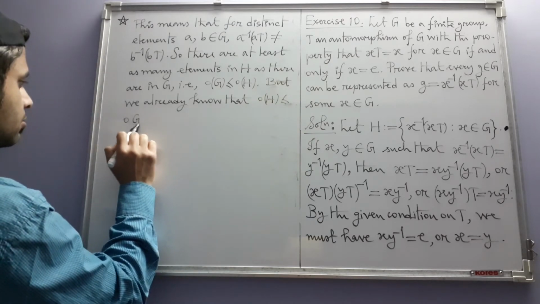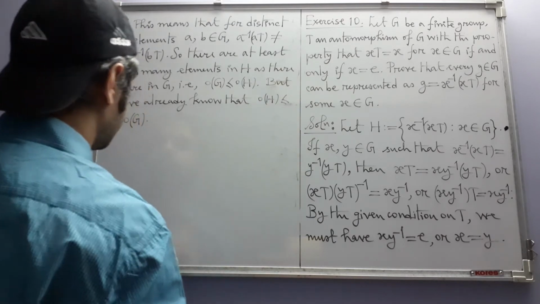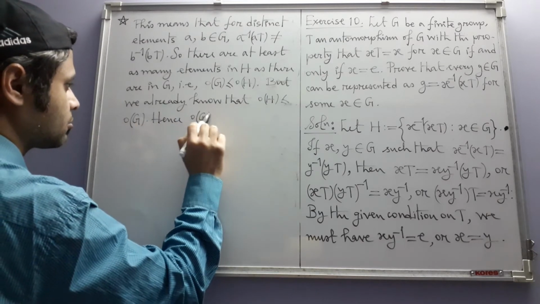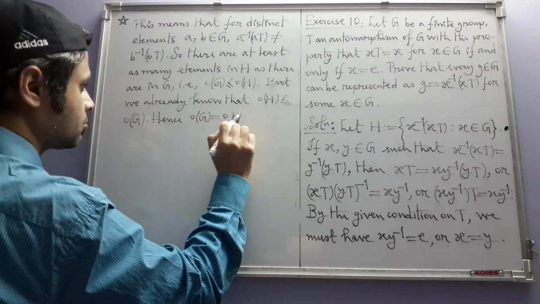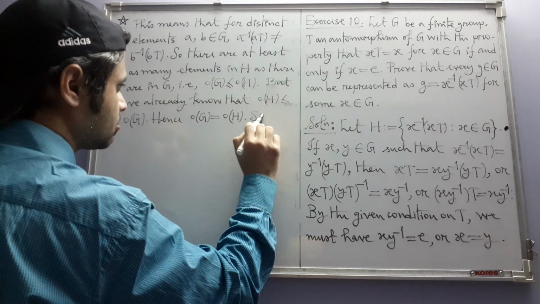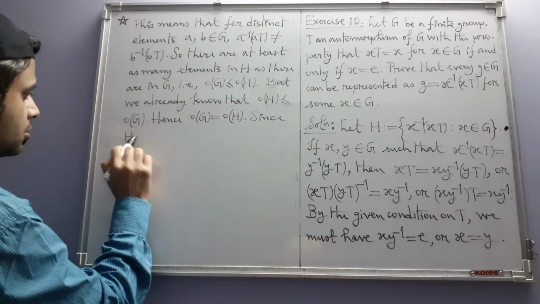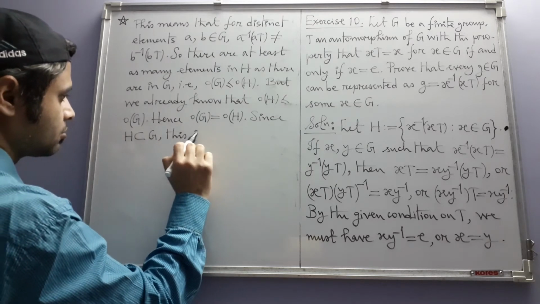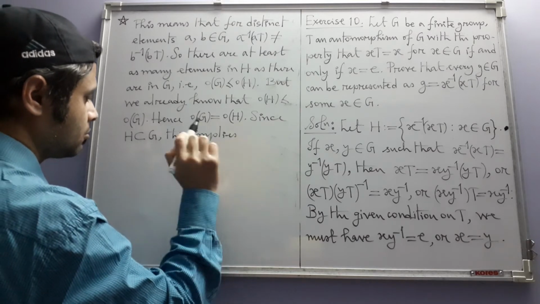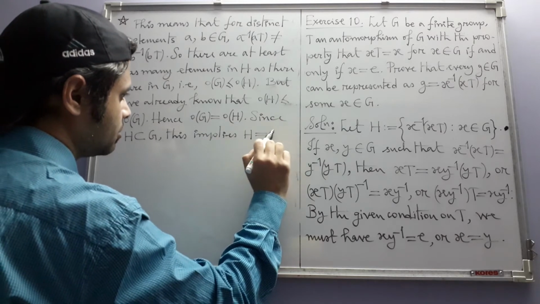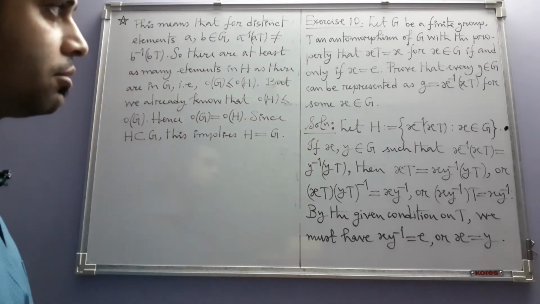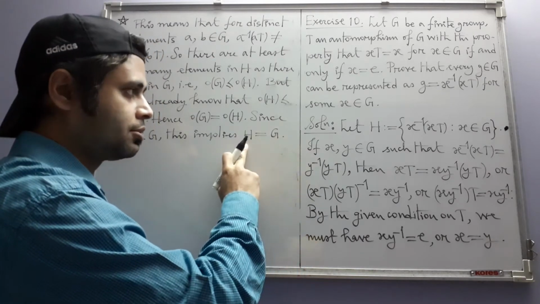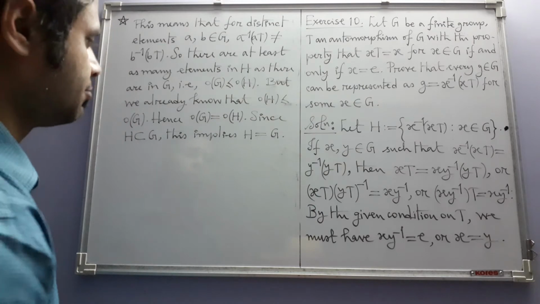But we already know that the other inequality is also true. Hence, since H is actually a subset of G, this implies H must be equal to G. So H must be equal to G means we have what we want. That is, any element in G will also be here and so will be expressible in that form.